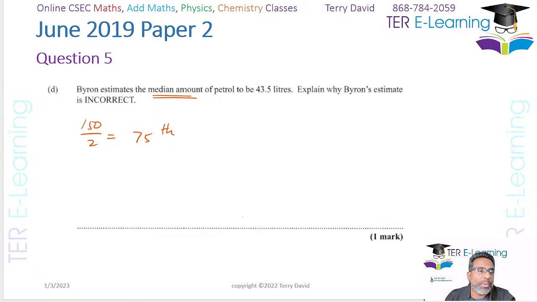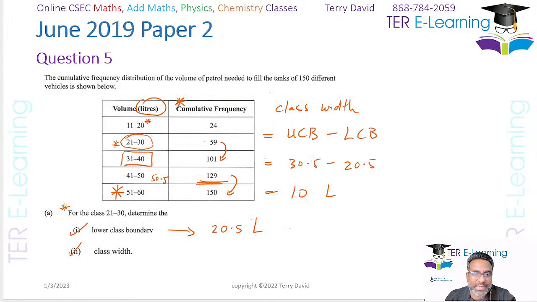Now, how are we going to check this? This question is only 1 mark. If we look at the cumulative frequency, in this interval we have 24 cars. In this whole thing we have a total of 59 cars. We've summed up 59 cars already.